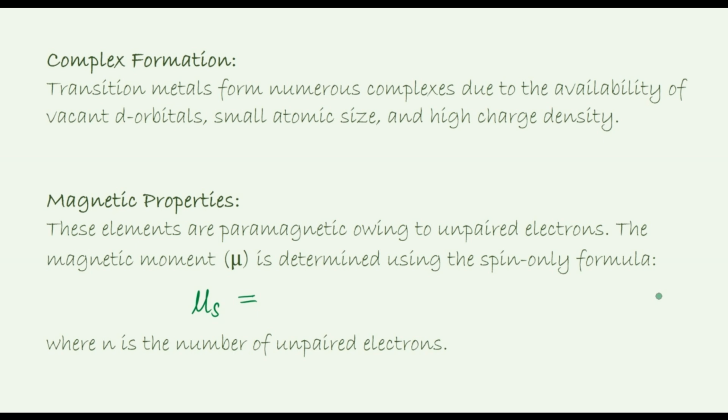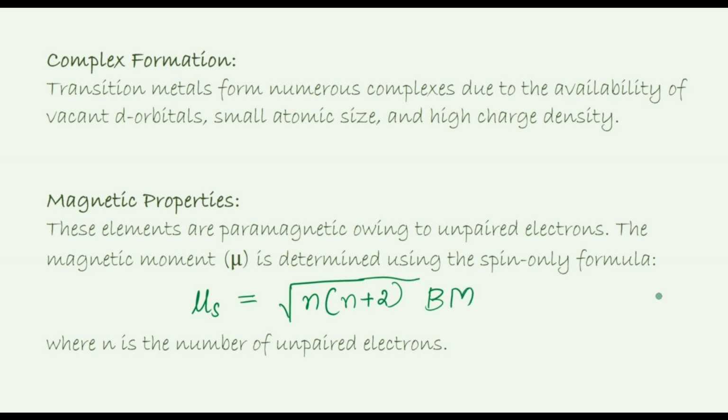Diamagnetic means all are paired, paramagnetic has unpaired electrons. So the magnetic moment you can find using the formula mu s, the spin only magnetic moment, which is root of n into n plus 2 Bohr magneton.